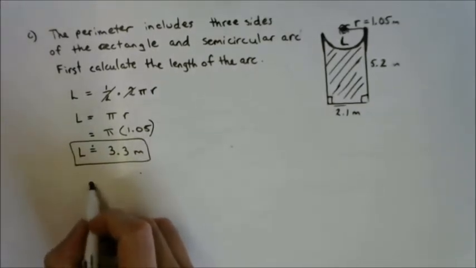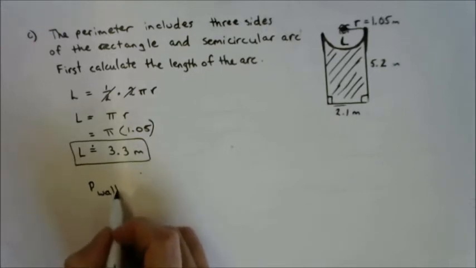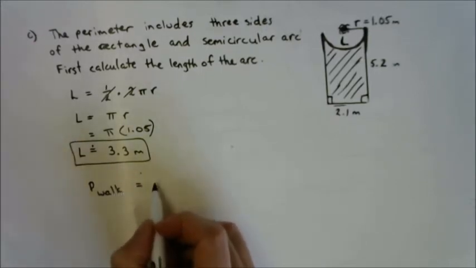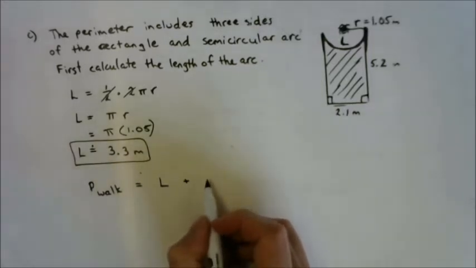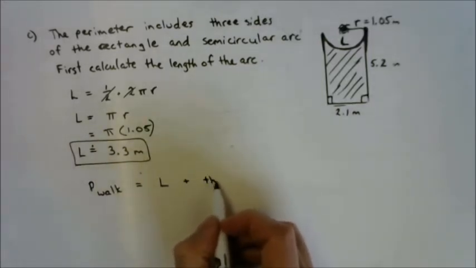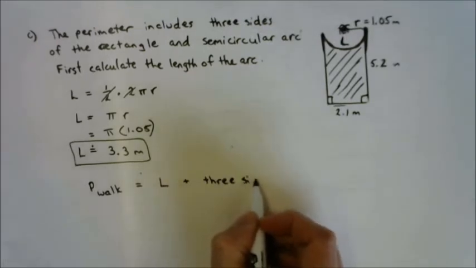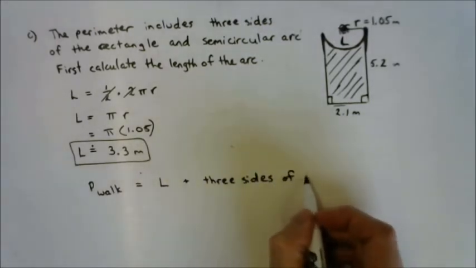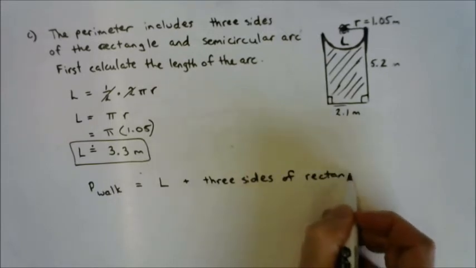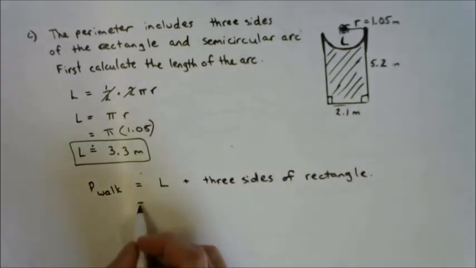Now the perimeter of the walkway is L, which was the length of our arc, plus the 3 sides of the rectangle. So let's put all those in there.